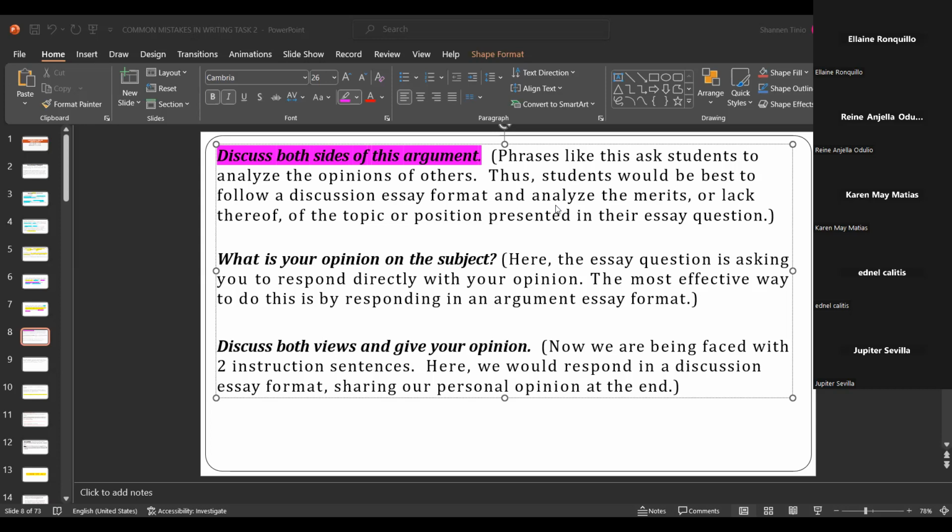It's not just an agree or disagree thing. You have to discuss both the pros and cons, advantages, disadvantages, negative, positive. Okay? If you read that instruction, it's asking you to provide both perspectives. Got it?